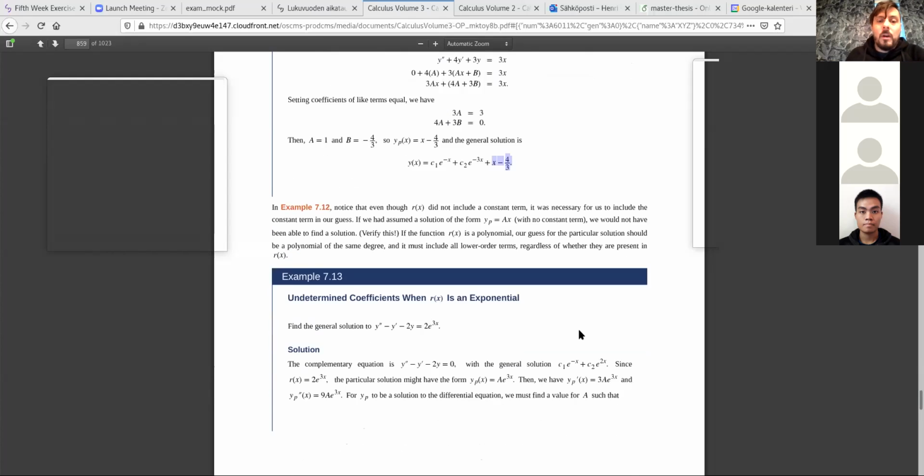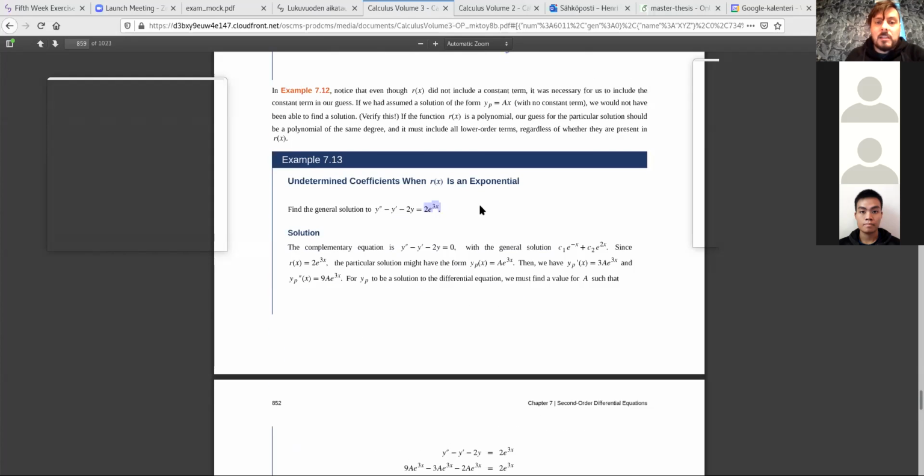But what if the right-hand side contains an exponential function? Then we take a look at the complementary equation, the homogeneous part, and find the generic solution.